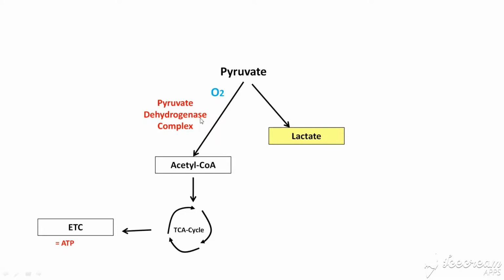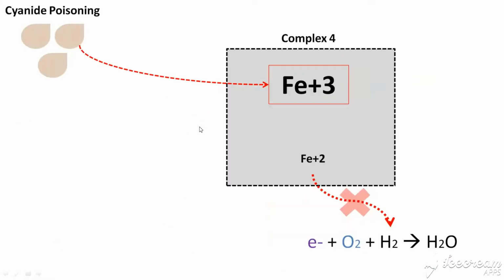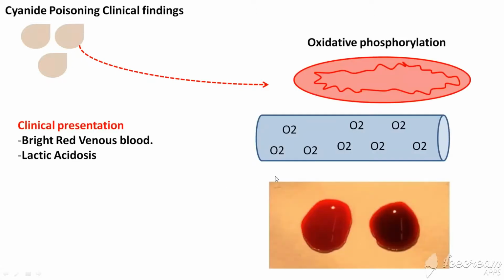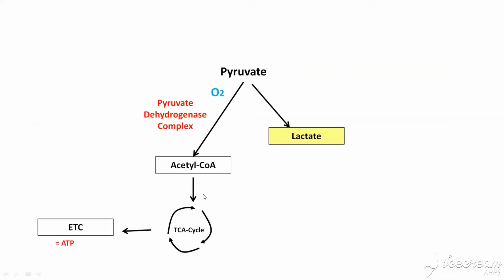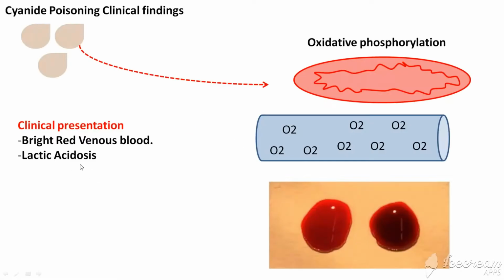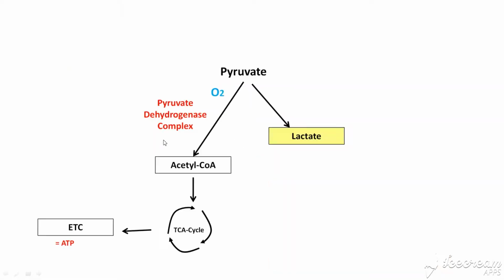Now, what happens in cyanide poisoning is that when you block the electron transport, you're not going to need oxygen. So the cell is not going to be able to synthesize ATP via this process. So all the pyruvate inside of our cells is going to be shifted to lactate production, and this is why these patients develop lactic acidosis.